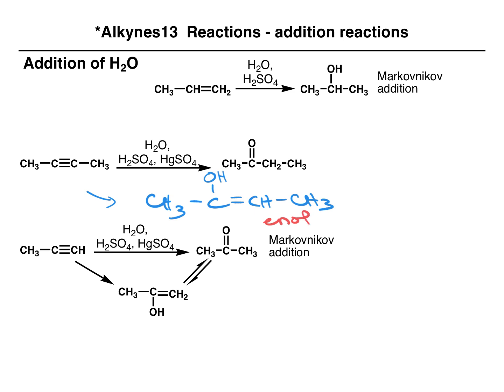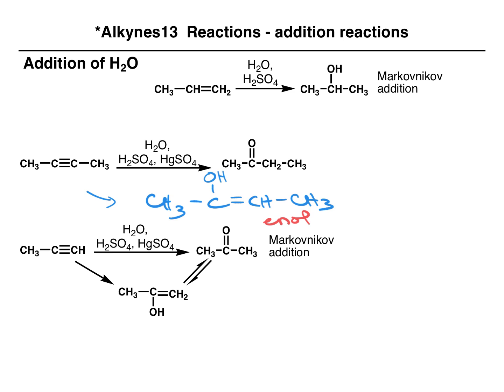Now, an enol can tautomerize to give a ketone. Notice we have the same connectivity among the carbons and the oxygen. The hydrogen was on the oxygen. Now we have an extra hydrogen here. We had a single bond between the C and O, a double bond between the C and C. Here, a double bond between the C and O, a single bond between the C and C.